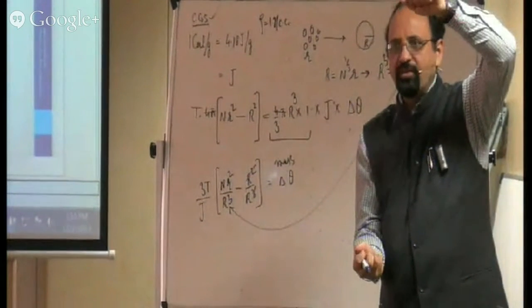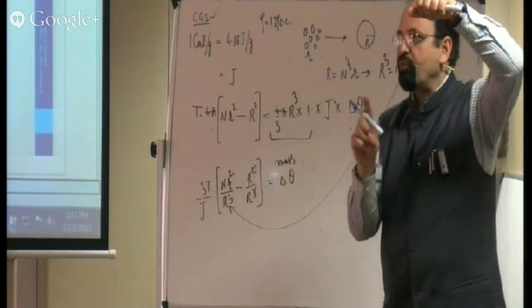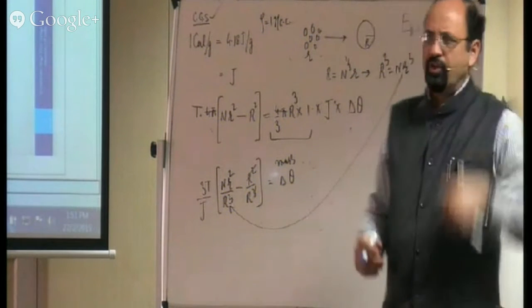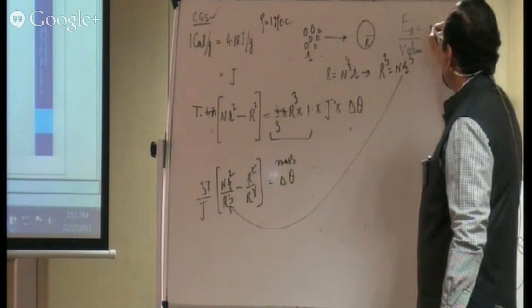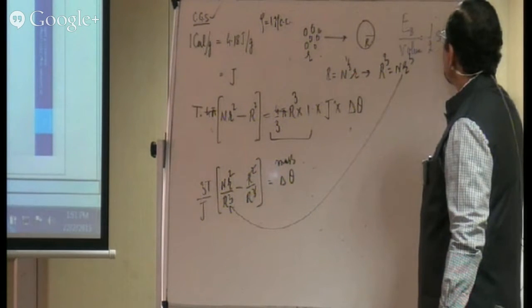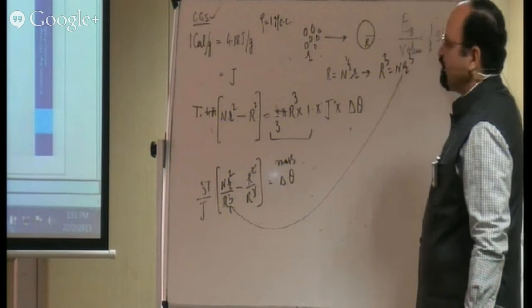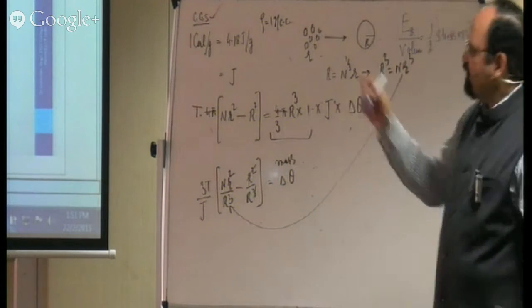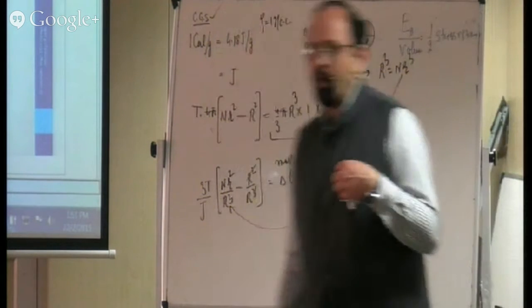Where is my work going? That gets stored in the body in the form of potential energy, or stress energy. If I write the stress energy per unit volume, the formula is very simple: half stress into strain. You have this formula with you. You try to find out which option given is the correct one.